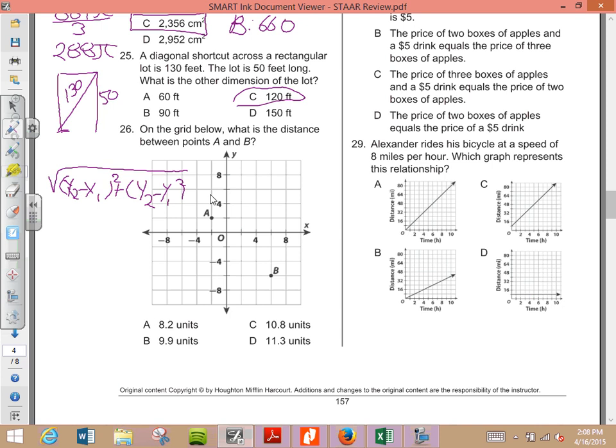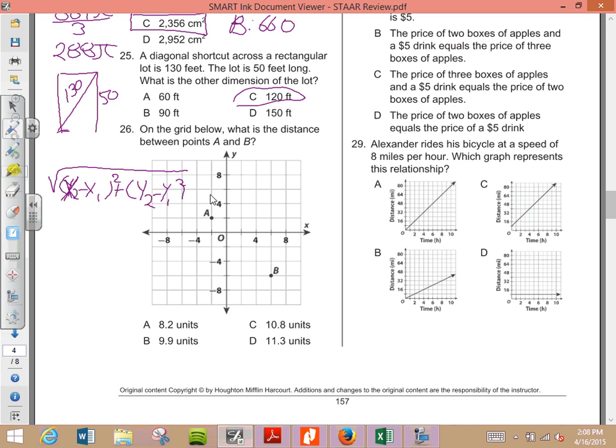What is wrong about it? No, this is an X. It's just written wrong. X2 minus X1 squared plus Y2 minus Y1 squared. Doesn't matter where I put the coordinates.